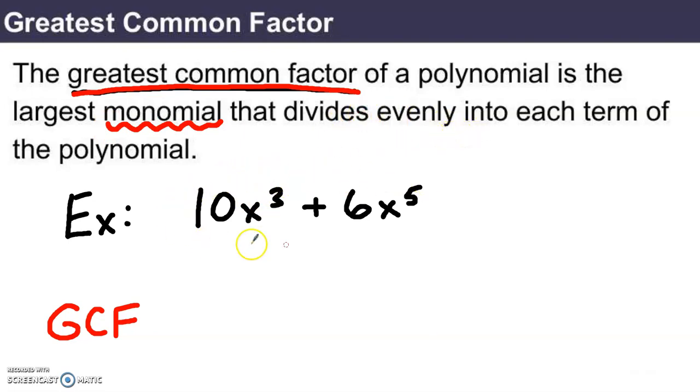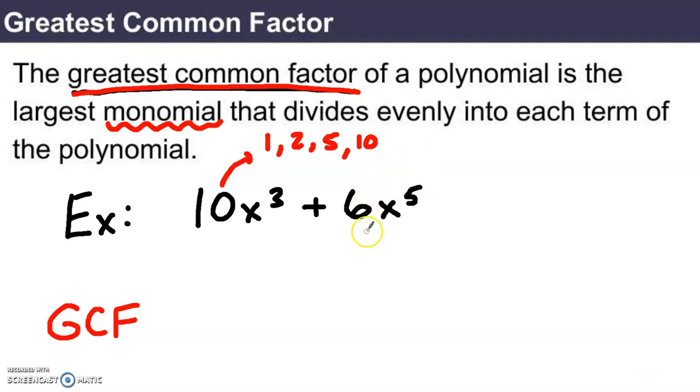So I'll show you one quick example of finding the greatest common factor of a polynomial. The polynomial expression is 10x cubed plus 6x to the fifth. And what I want to think about are the numbers that go evenly into 10. So there's 1, there's 2, 3 doesn't, 4 doesn't, 5 does, because 2 times 5 is 10, and the factor pair with 1 is 10.